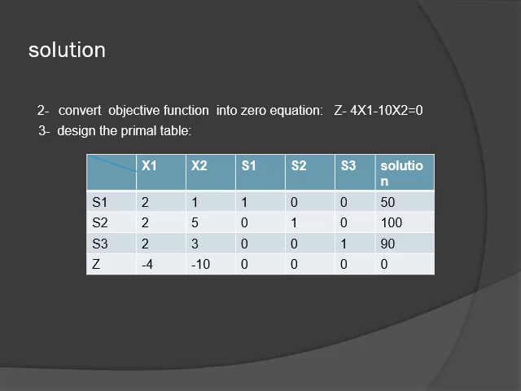The next one is the coefficient of s1. In the first constraint there is no s2, respectively there is no s3, then their coefficients are 0, 0. The solution is the resources B in case of the first constraint.